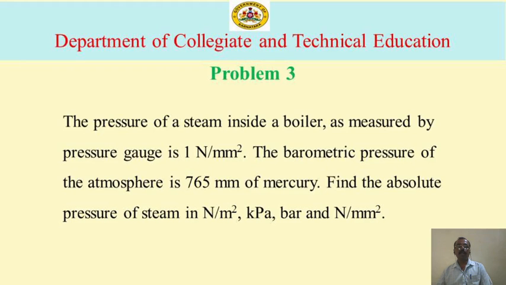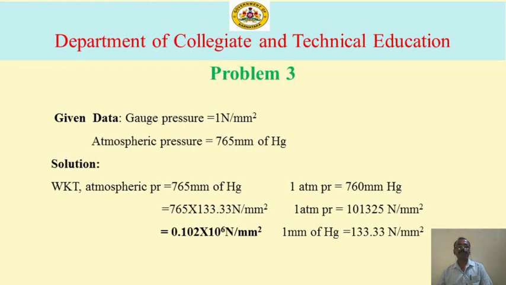Find the absolute pressure of steam in Newton per meter square, kilopascal, bar and Newton per millimeter square. Take the given data. Gauge pressure is equal to 1 Newton per millimeter square. Atmospheric pressure is equal to 765 millimeter of mercury.